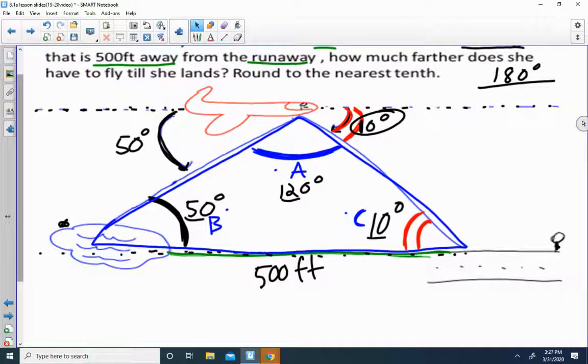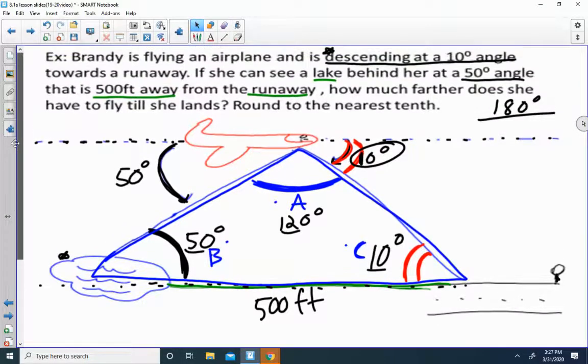Okay, cool, Miss Shulin. We now have a triangle and we now have three angles. How, again, does that help me solve the problem? Because remember, our question is, how much farther does she have to fly until she lands?